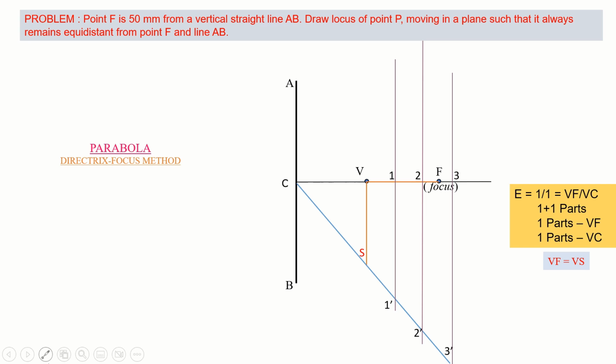And then 1 1 dash as the radius, following the steps we have followed earlier, and F as the center, make an arc on the 1 1 dash line below and above the center line, and 2 2 dash as the radius, make an arc on the 2 2 dash line above and below the center line. Similarly 3 3 dash. Now you connect all these points and you will get a parabola.